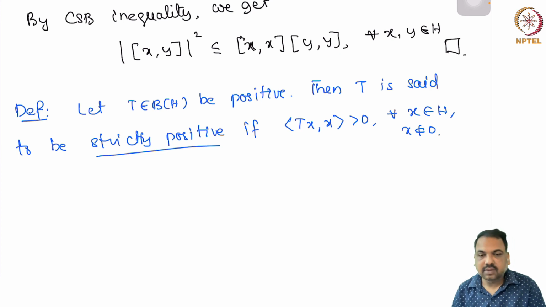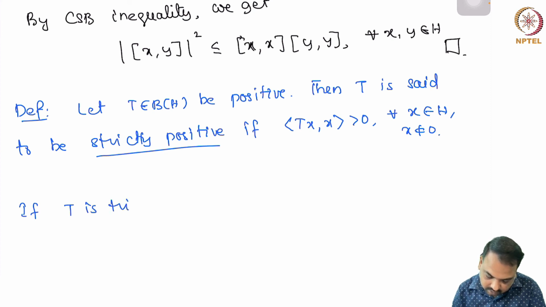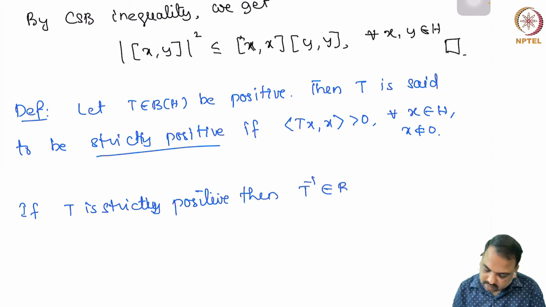So we can say that whenever T is strictly positive, the operator is invertible. If T is strictly positive, then T inverse exists and it is a bounded operator.